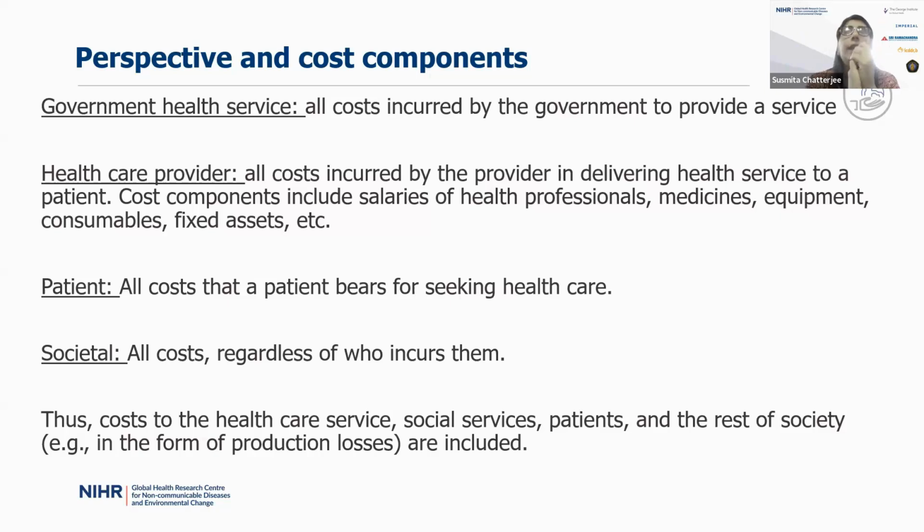When I do a costing from a patient perspective, I took into account only the patient. Now suppose, and as I said, the provider is not interested to know what is happening to the patient. Now suppose, because of TB, tuberculosis, a young man of 25 died. I'm giving a practical example from my studies.